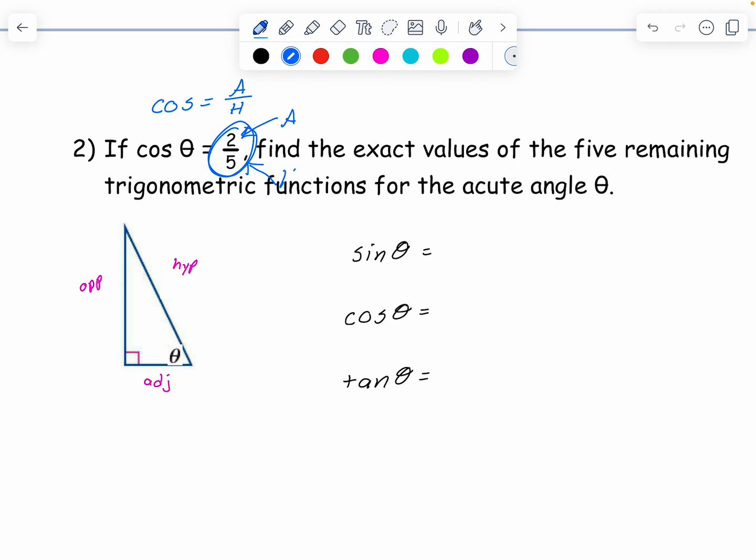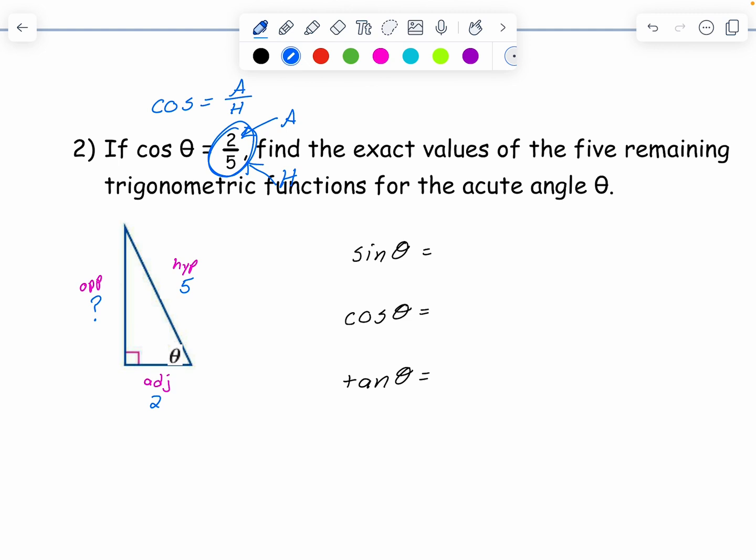So even though that fraction is simplified, it still gives us a ratio. So we're just going to use those numbers because we want the simplified fractions in the end anyway. So for our adjacent then, we're going to have 2. For our hypotenuse, we're going to have 5. And so then we need to find what the opposite is.